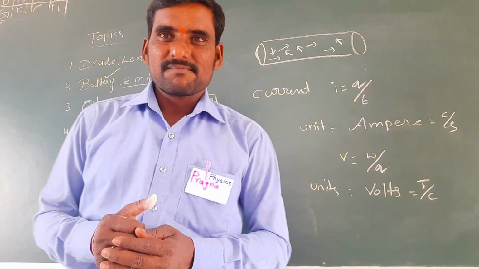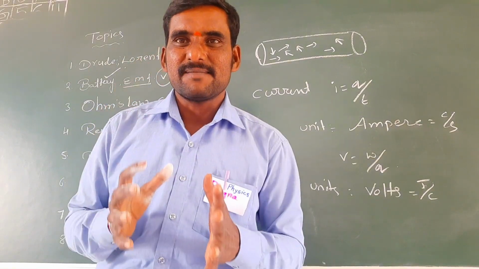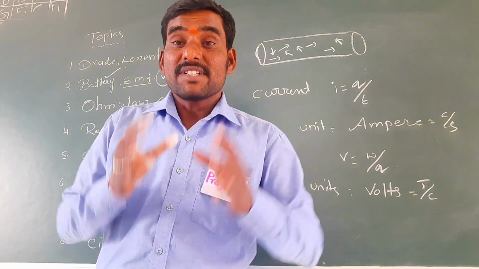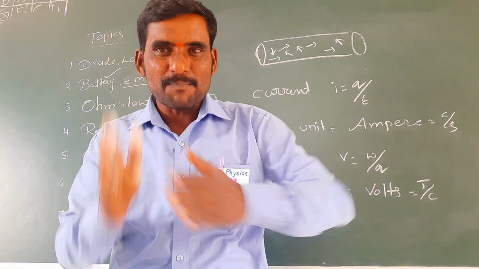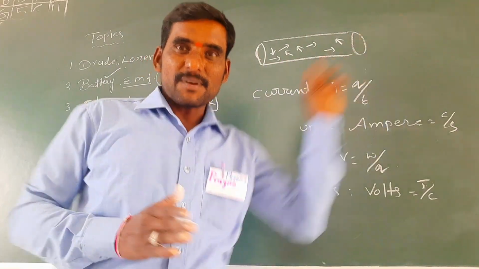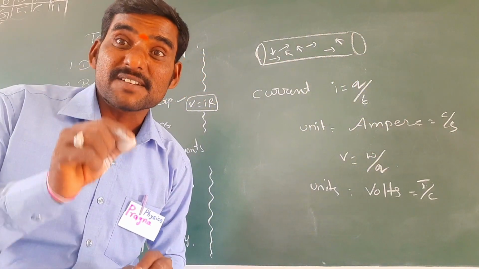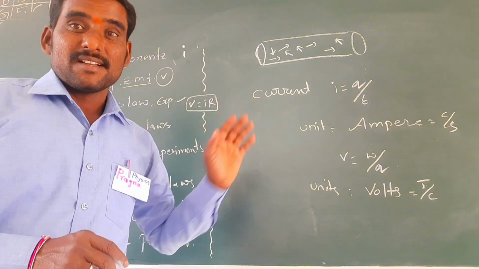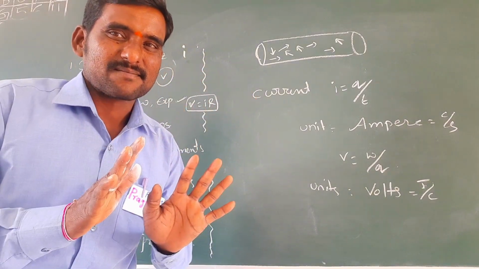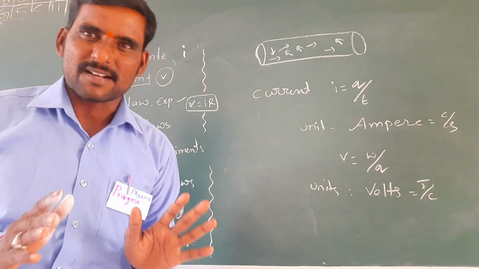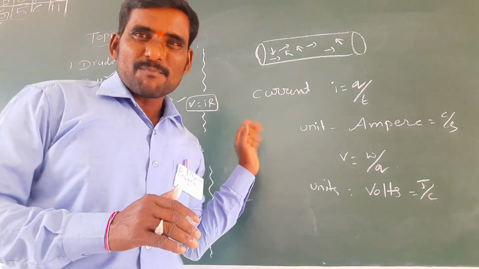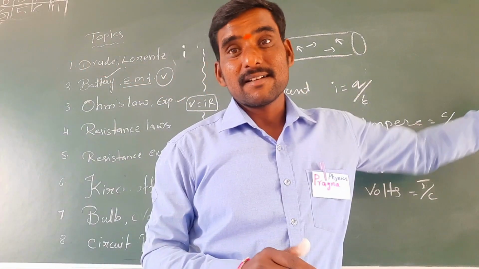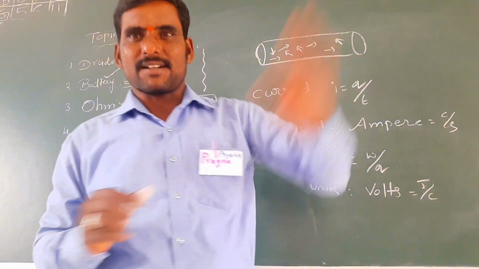Next, potential. Potential is an important word, which is very important to send current from one point to another point. From here to there, if you want to send the current, a potential difference is a must. Without a potential difference, current can't travel. Here, if the potential is 10 and here 100, there is a difference of 90, then current can go.